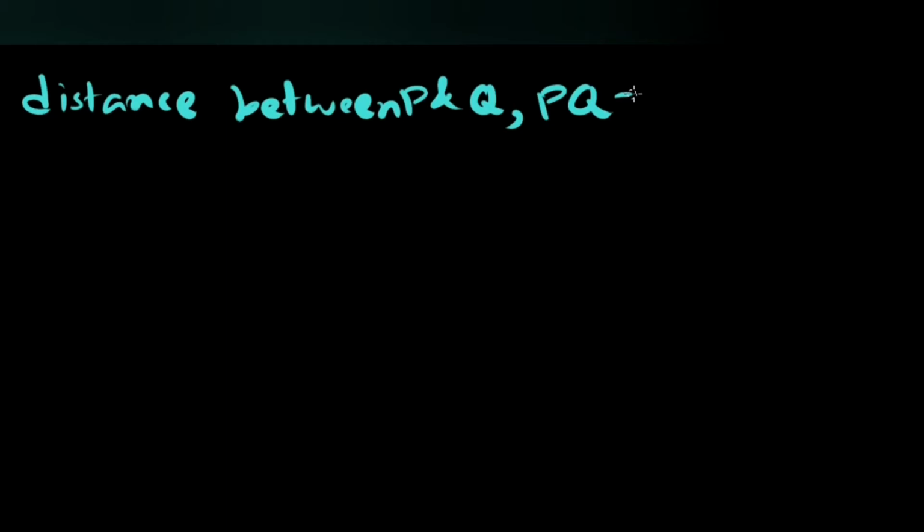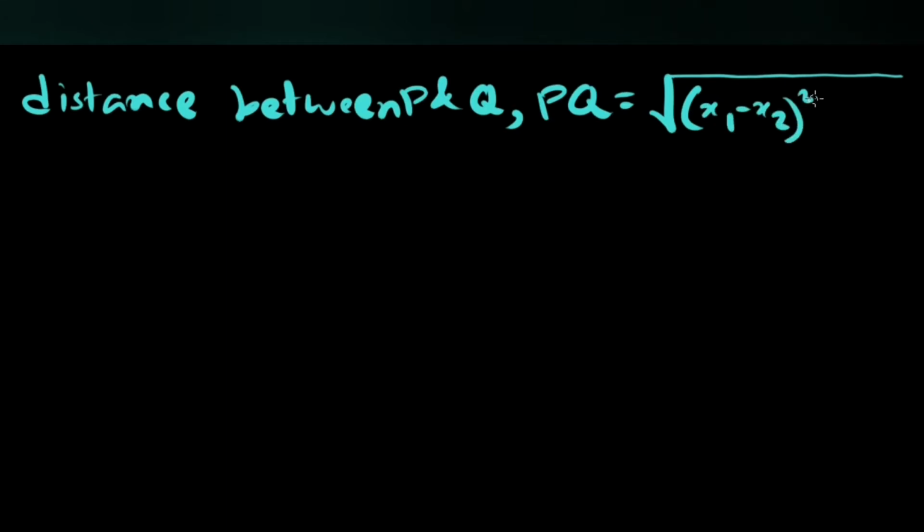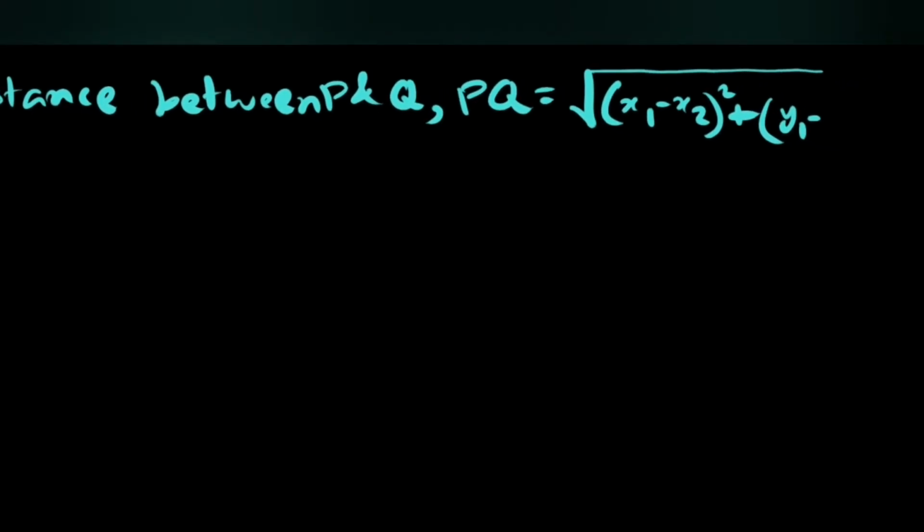The formula is always the square root of x1 minus x2 whole square, plus y1 minus y2 whole square.